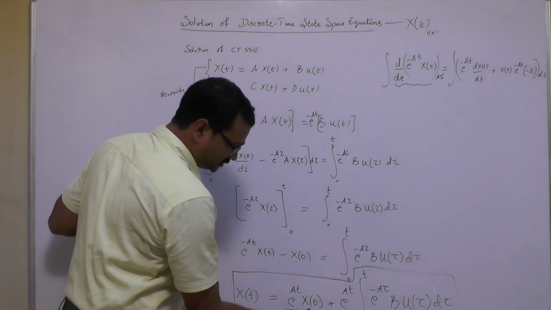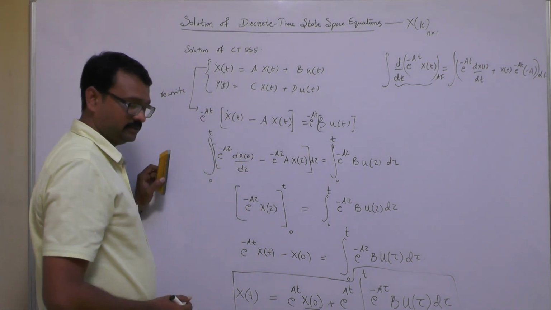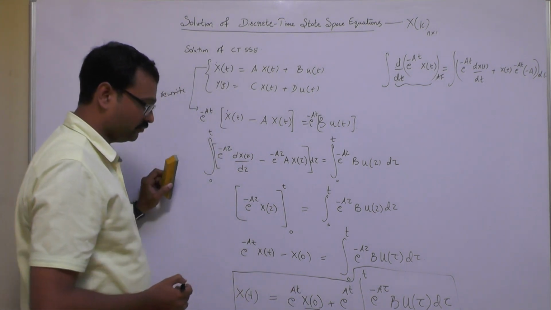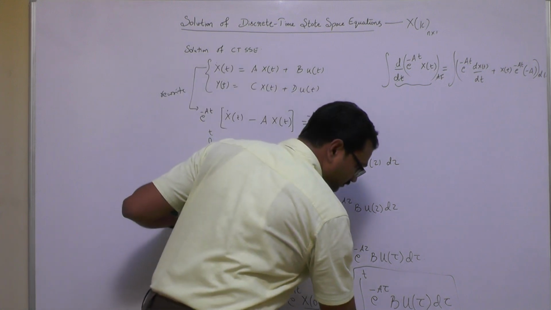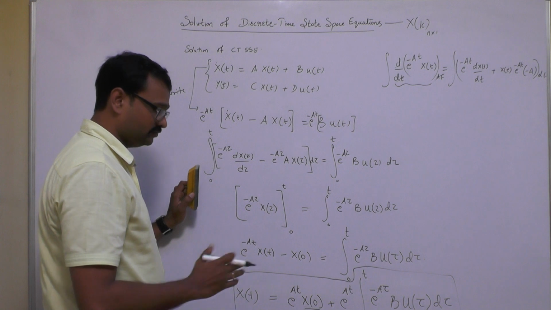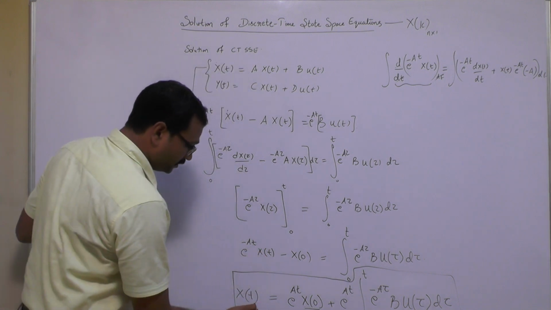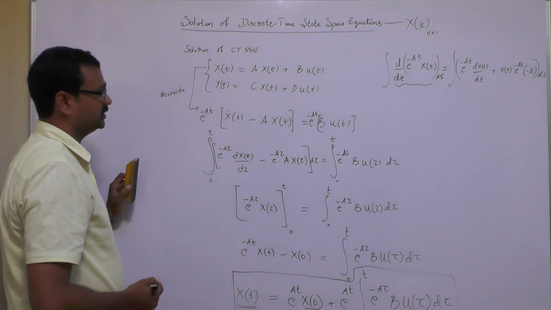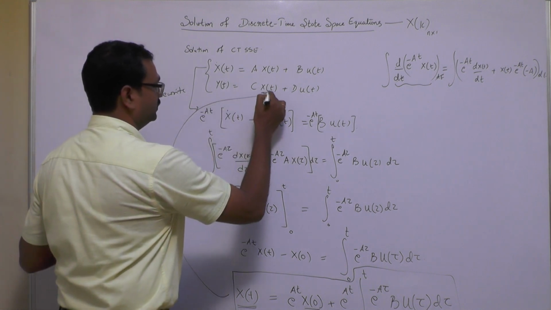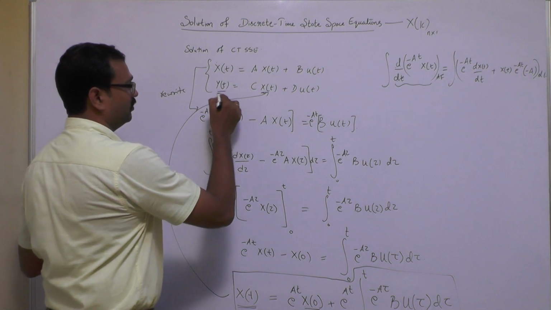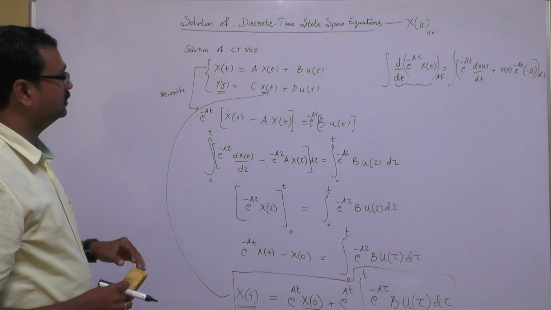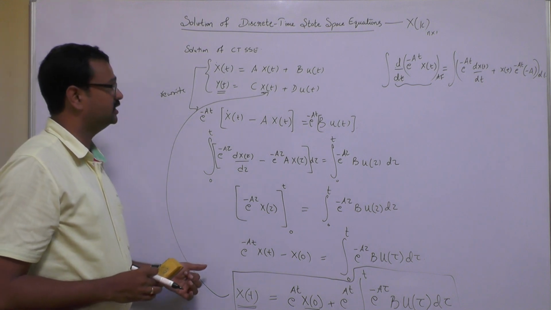One is representing the initial conditions of the state vector, and the other the input vector from 0 to t, with which you find the solution of the state equation x(t). And when this x(t) is substituted in the output equation, you will get y(t). So eventually you can get the solution of the continuous time state equation.